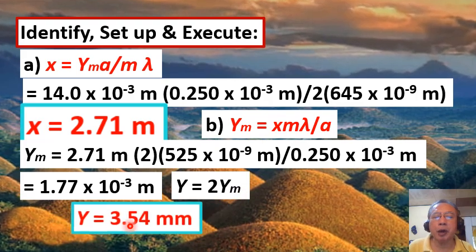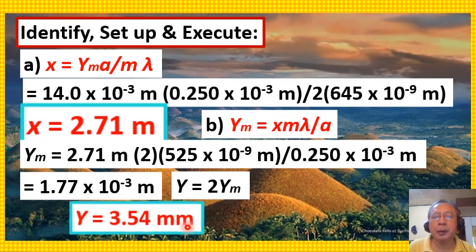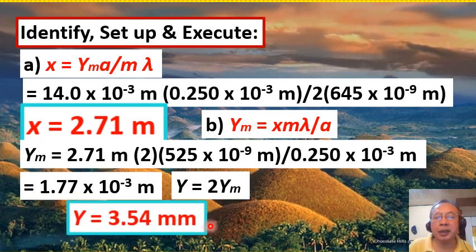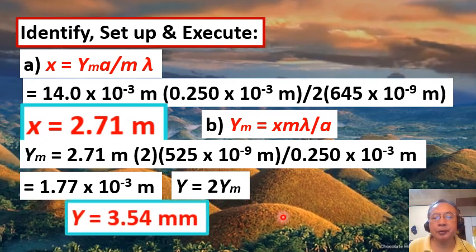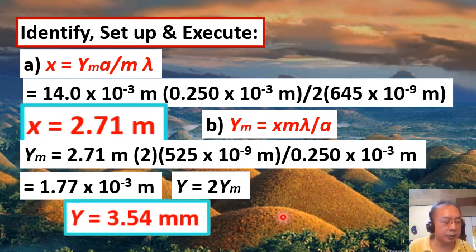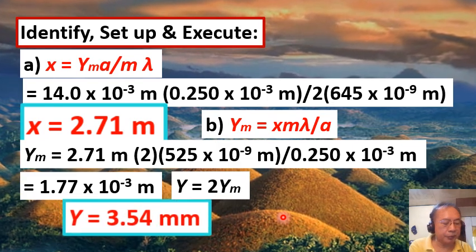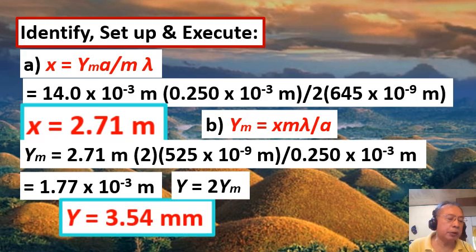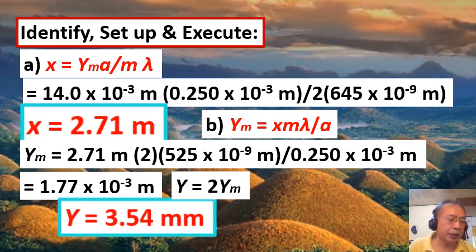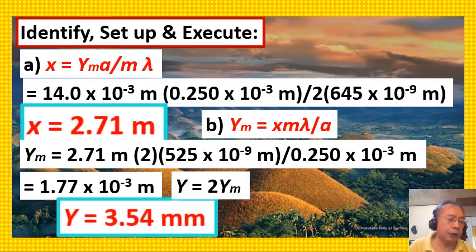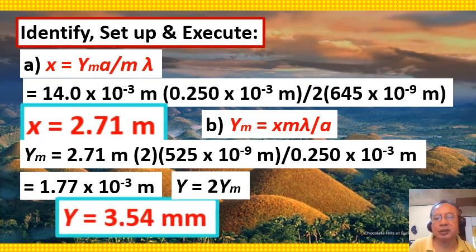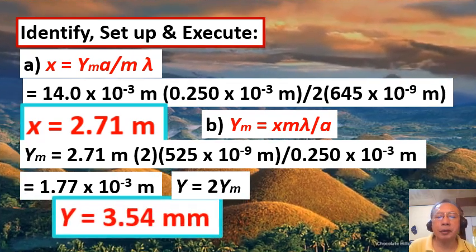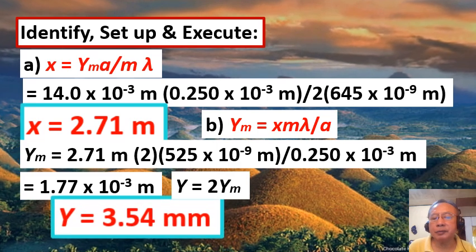So we get y equals 3.54 millimeters, also in 3 significant figures. All right. So this is the computed distance between the two second order minima or dark fringes. So that's it. We are done.